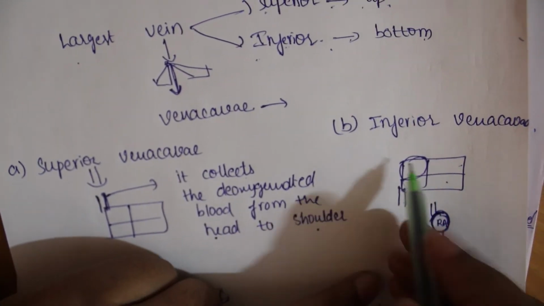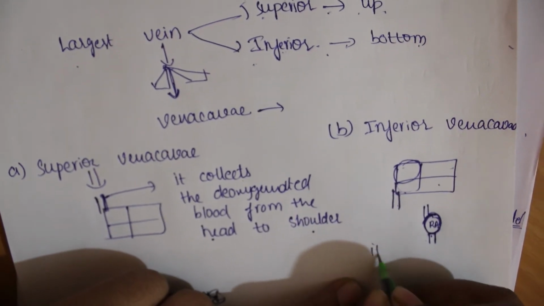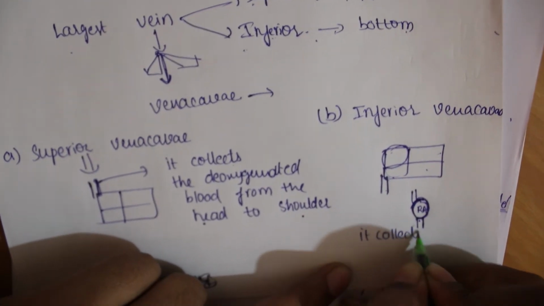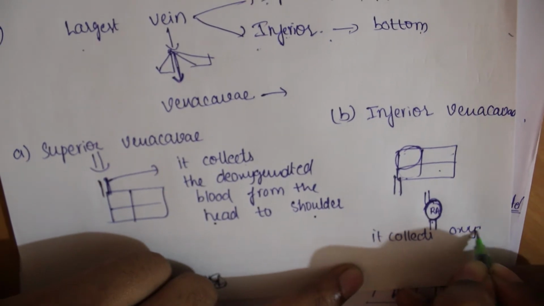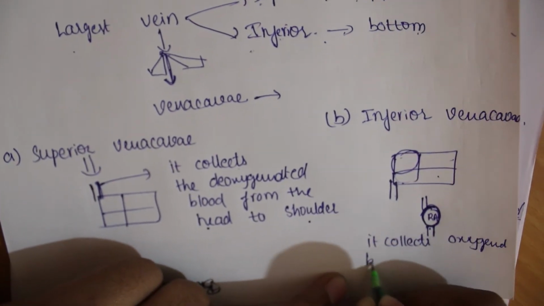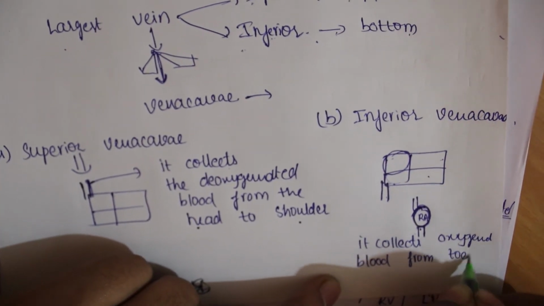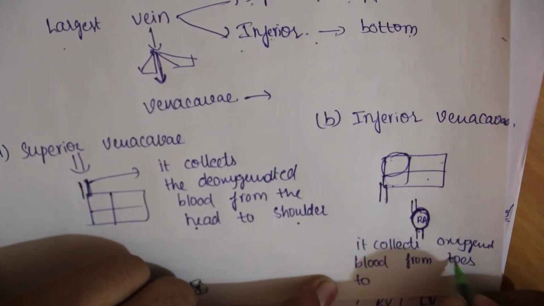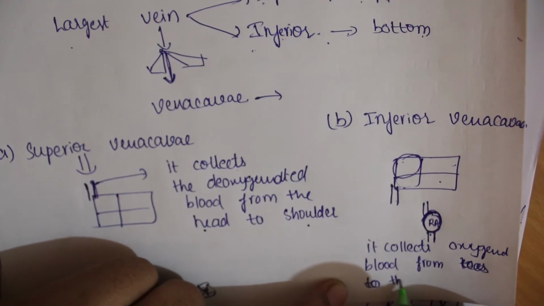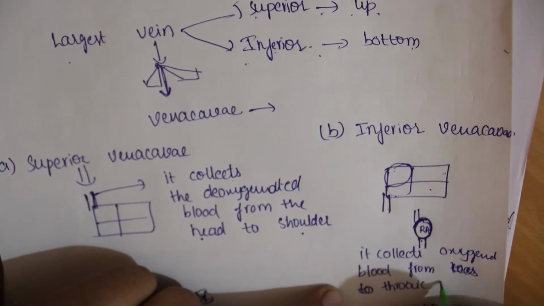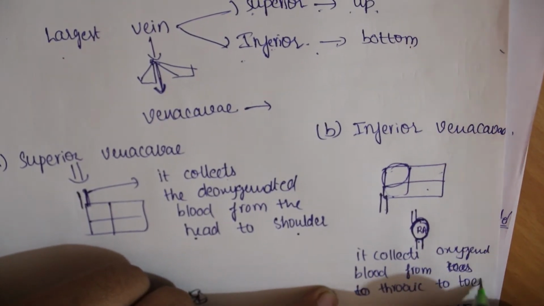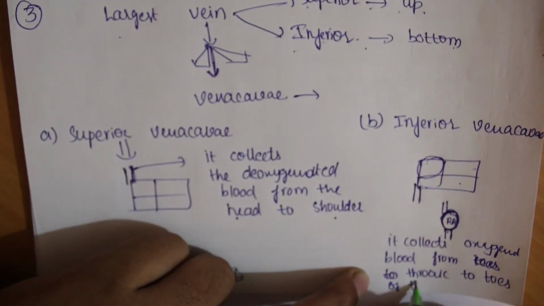What is the main function of the inferior vena cava? It collects oxygenated blood from toes to thorax, to toes of the body.